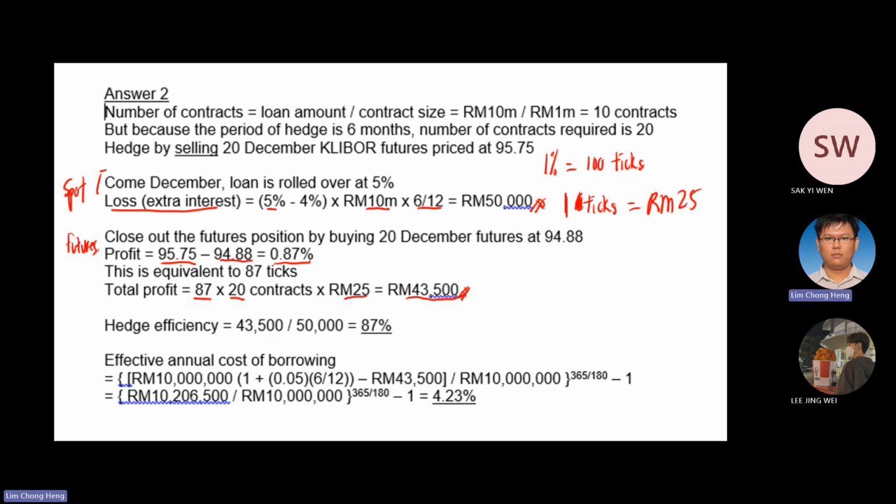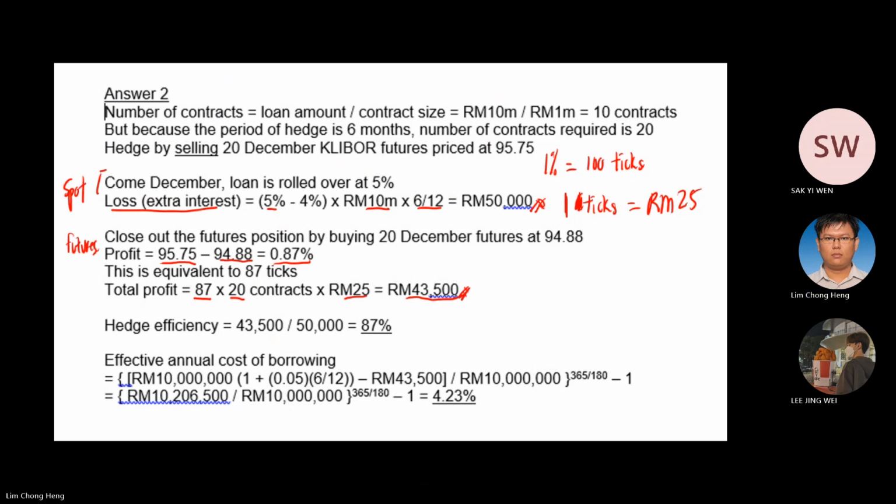You can have a profit of 43,500, sorry. 43,500. This is your profit from the future market.